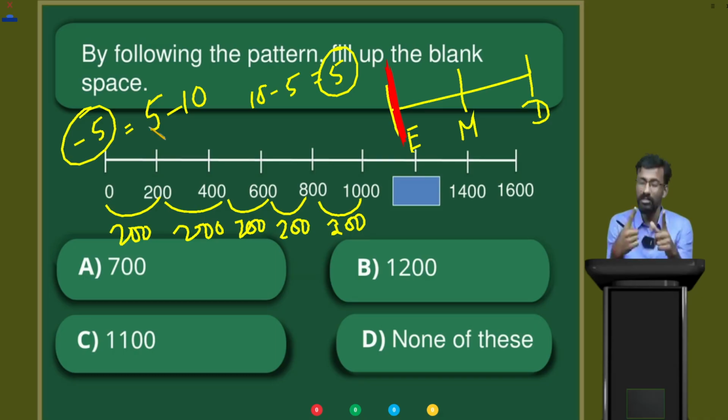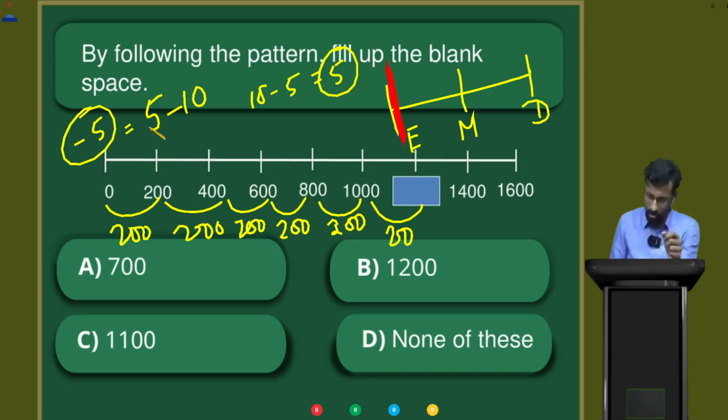Always remember, difference is the value that we have after subtracting between any two numbers. The larger number minus the smaller number, that's our difference. So here 200 and 0, larger is 200, so 200 minus 0 is 200, that's our difference.